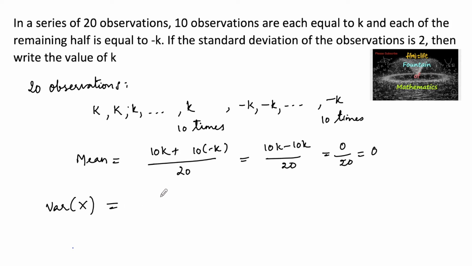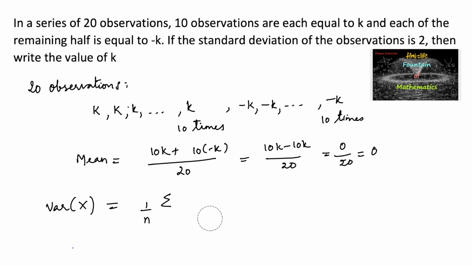so we can write the sum of the squares of the deviations of the observations from the mean. So that is 1 upon n summation of (xi minus mean) whole square, that is each observation.